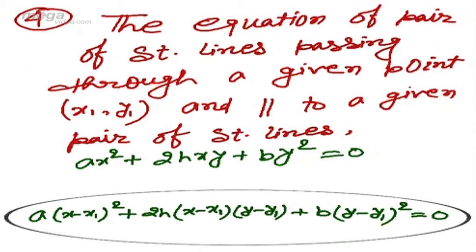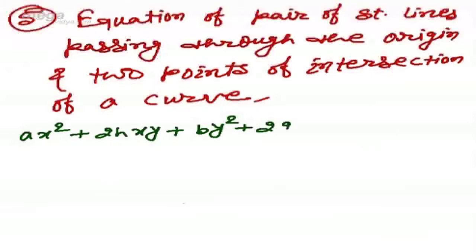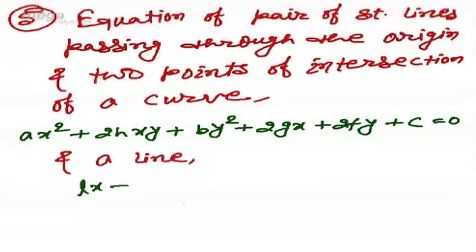Same way is this. Now the next property is, the equation of pair of straight lines passing through the origin and the 2 points of intersection of a curve ax square plus 2hxy plus by square plus 2gx plus 2fy plus c is equal to 0, and a line lx plus my plus n equal to 0.